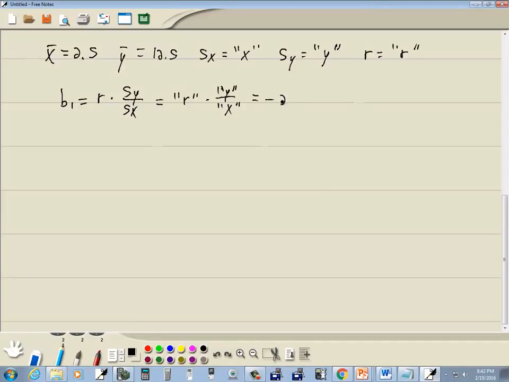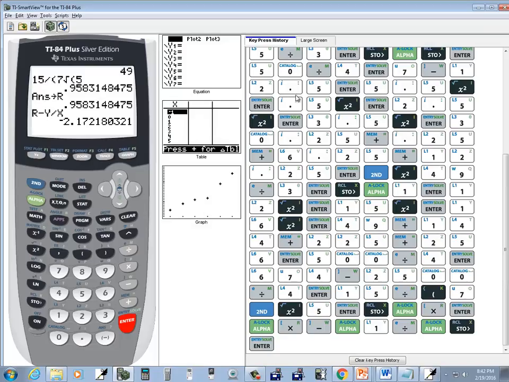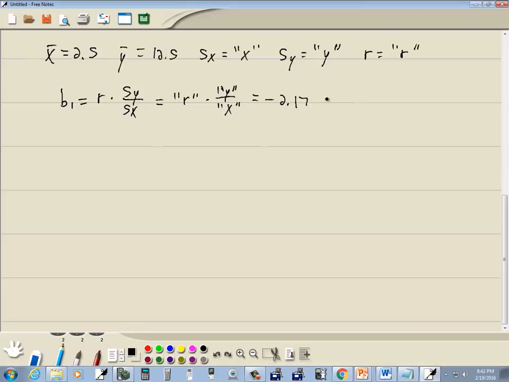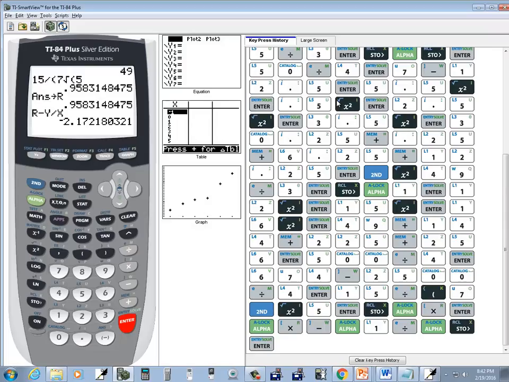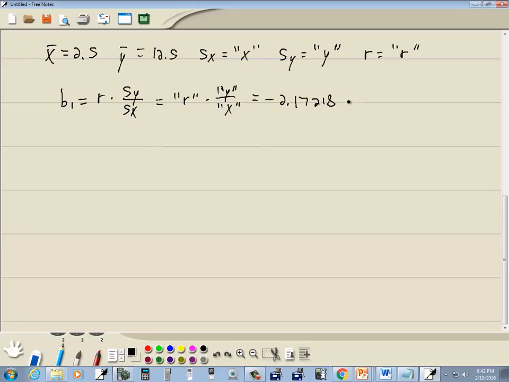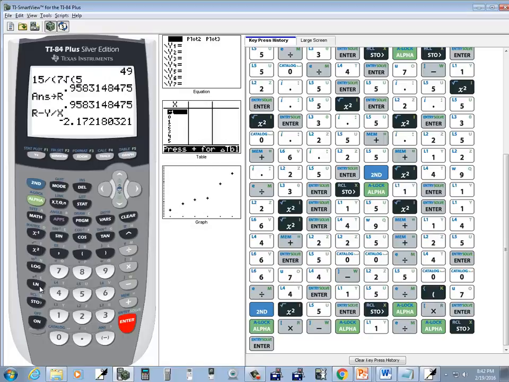So I got negative 2.17218.0321, and I'm going to store this in, I don't know, B, I guess, just so I don't have to enter it again. So I'll press my store button, and I'll do alpha B, and then press enter.